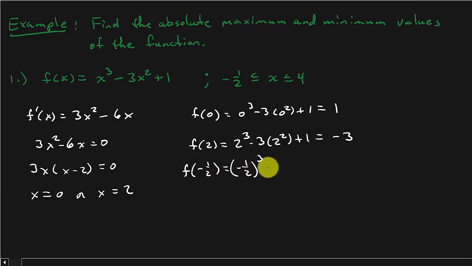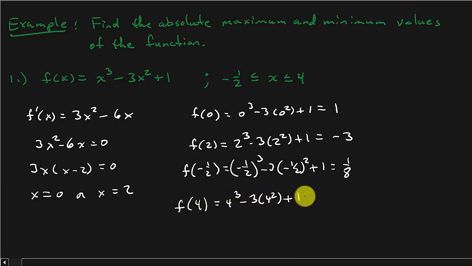That's (-1/2) cubed minus 3 times (-1/2) squared plus 1. And that gives us 1/8. And then f of 4 is 4 cubed minus 3 times 4 squared plus 1. And that is equal to 17.